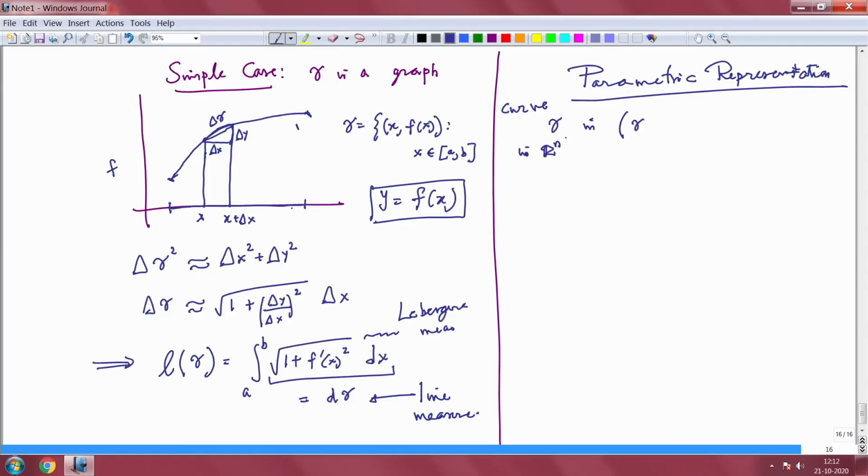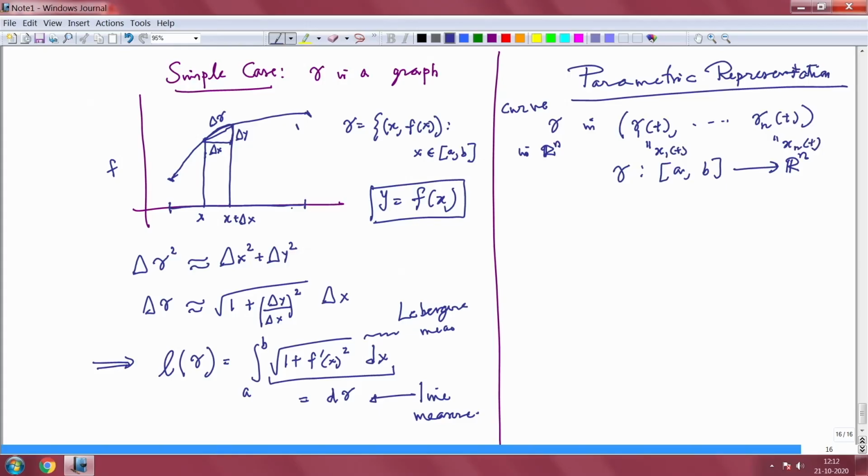You use it in 2 or 3 dimensions. The curve gamma is a smooth or continuous map from [a, b] to R^n. You assume it is C^1 also for your understanding. Some people also represent this by x_1(t), etc., x_n(t).